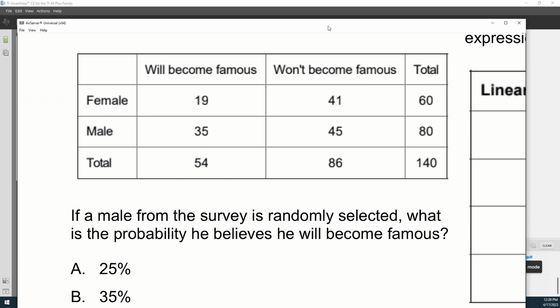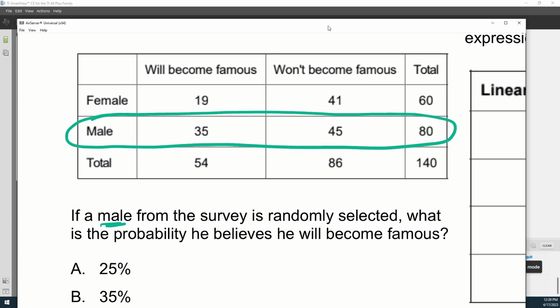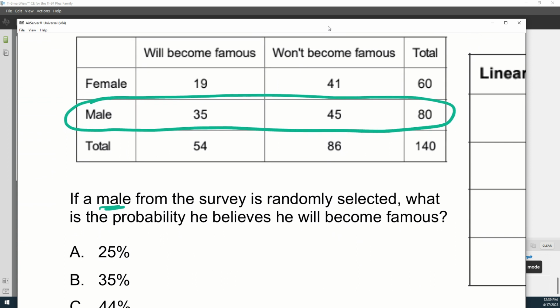So who do we only care about to answer this question? We only care about males because we know for sure that it's a male. So we're just going to use this row. All right. And then how many people in that row think they'll become famous? Good.